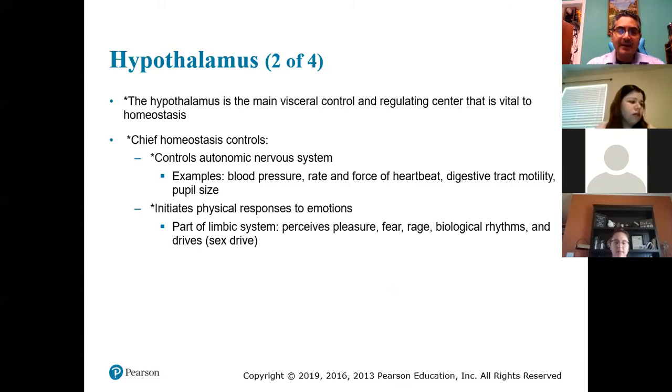It is the main visceral control and regulating center for vital homeostasis. What does that just mean? It is responsible for regulation, and through that regulation process, it is going to help you have homeostasis.